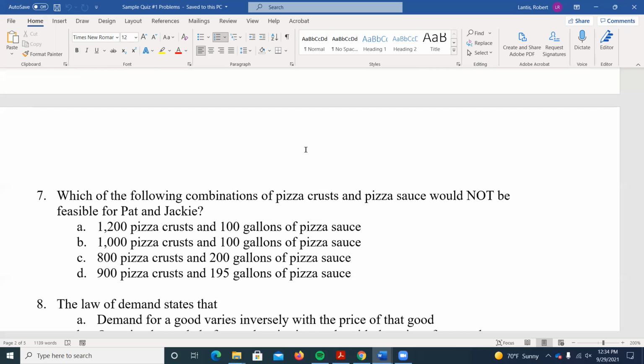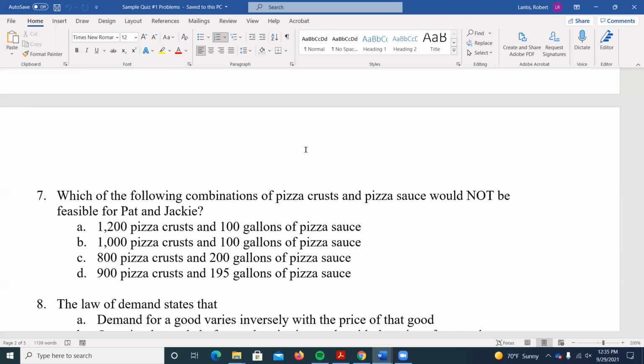Well, it's going to be whoever has the comparative advantage, or the lowest cost. So we know that Jackie will initially start producing crust. For the very first unit, we look at everyone in the economy who can do it at the cheapest cost. We have a two-person economy, and Jackie can do it at the cheapest cost.